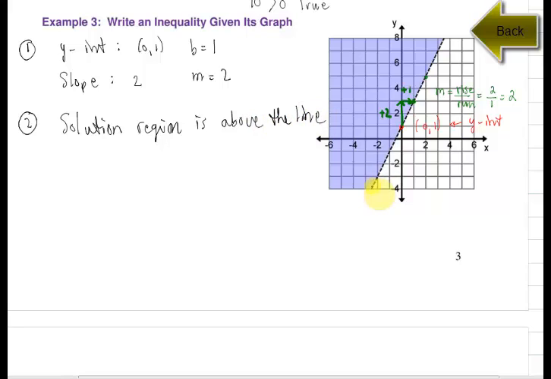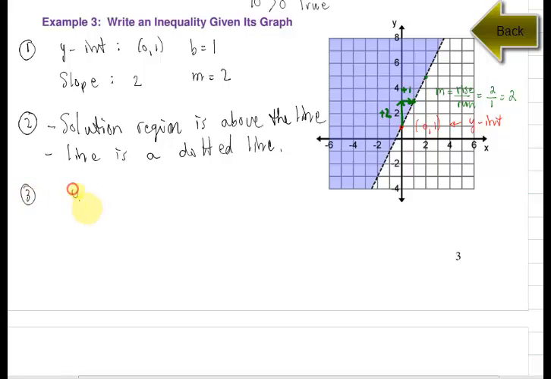And the other thing that I notice is that my line is a dotted line. So now I'm ready to write my equation.